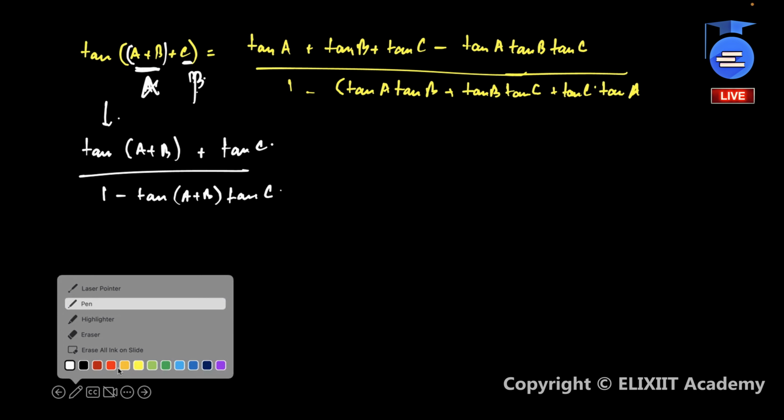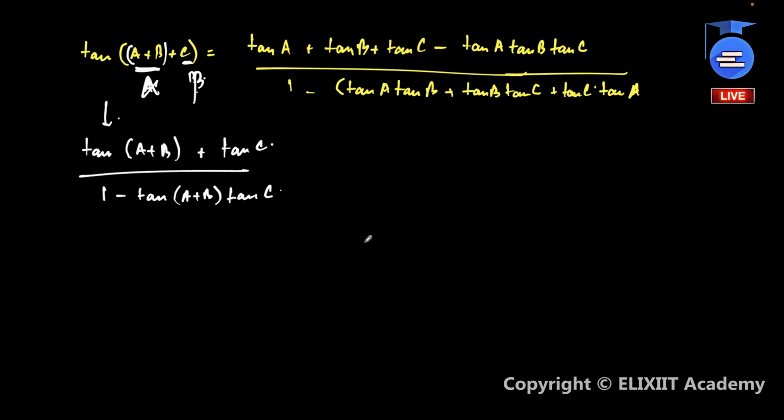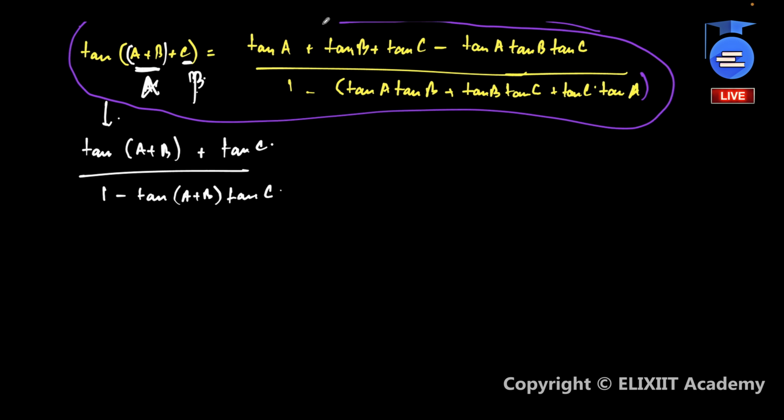And to memorize this, you can use some shortcuts. What shortcut shall we use? In the place of tan A plus tan B plus tan C, you can write S1.